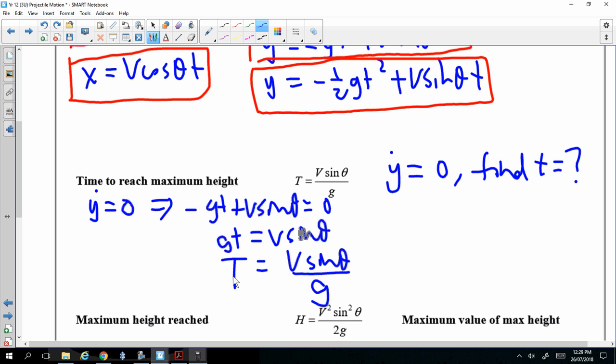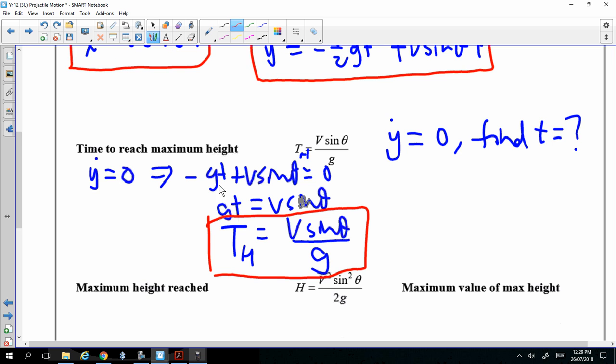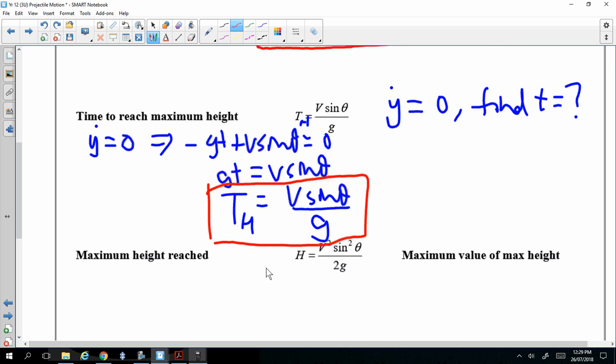Once you get the time to reach the maximum height, we can find the maximum height reached by substituting this into y. So y equal to negative half gt squared plus v sine theta t. Substitute that in and simplify.